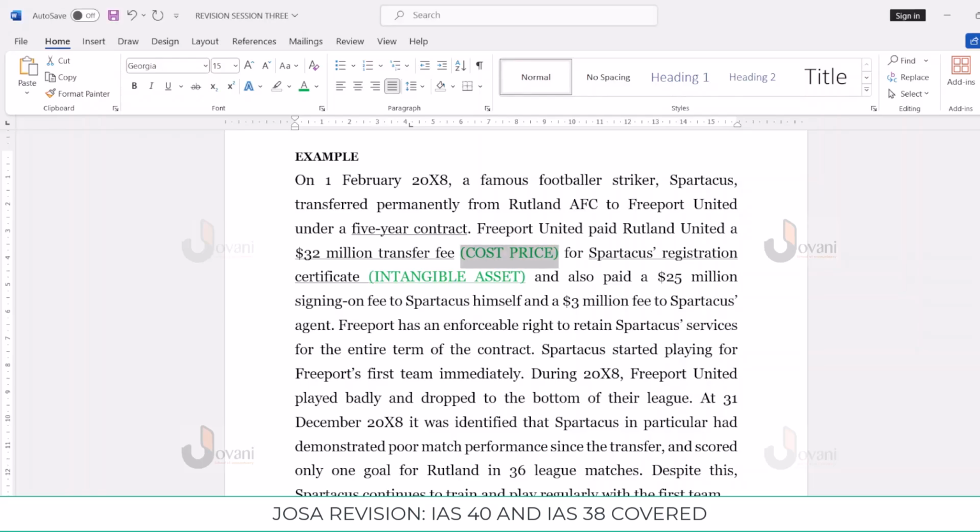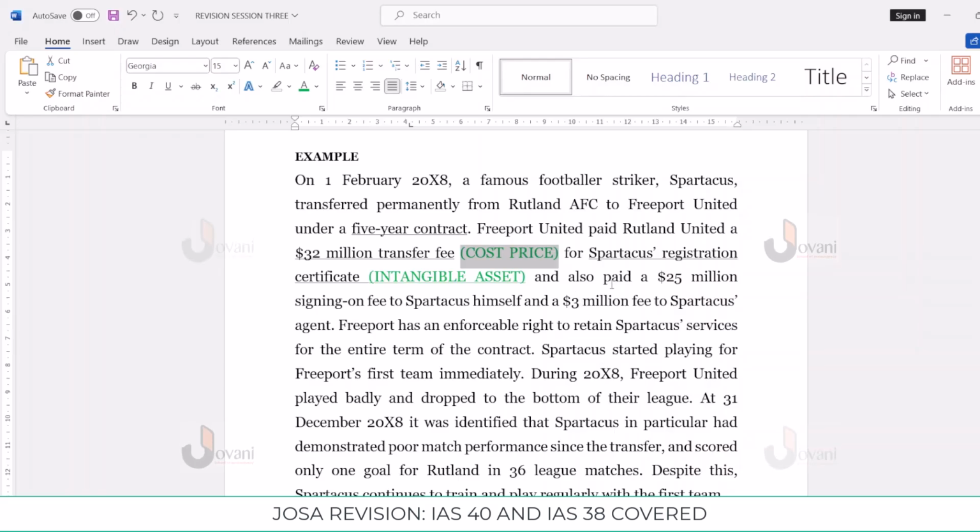Okay, let us proceed. Are you seeing how I'm trying to analyze the case scenario? Freeport United paid Rutland United a 32 million transfer fee, cost price, but buying what? Registration certificate. Okay? And also paid a 25 million signing on fee to Spartacus himself and a 3 million fee to Spartacus's agent. Now this is very tricky.